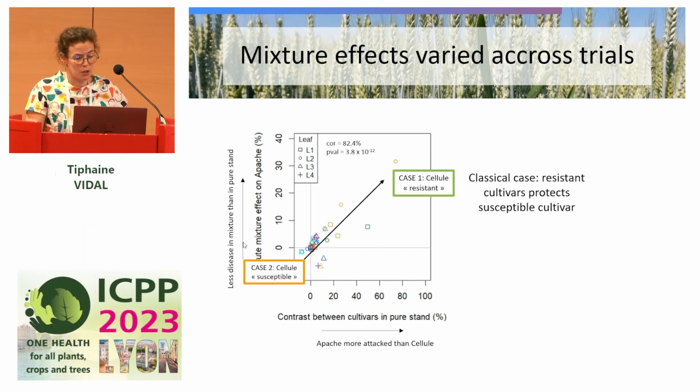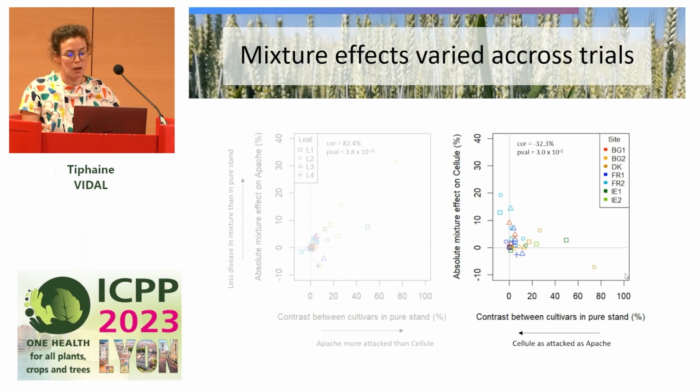It's to protect the susceptible cultivar with an efficient resistance source. And we also have the case when Cellule is susceptible, and in this case, basically, there is not much effect. Sometimes we have a little bit more disease on Apache, but it's not significant. So let's now look at Cellule. Here we see also a relation between the contrast and the absolute mixture effect on Cellule, but it's negative.